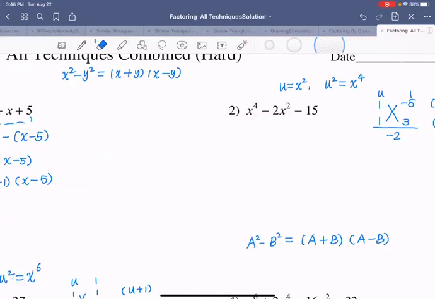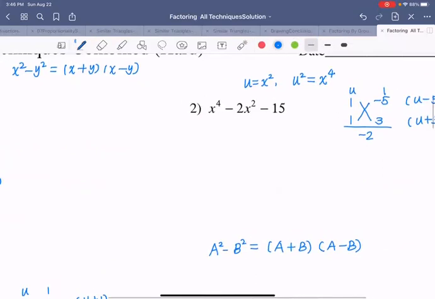Number 2. Ethan, let's try this one. We are going to try something called a u substitution, okay? Here, this is x to the power of 4, and this is x squared. So we want to put u as x squared. Then u squared equals x to the power of 4, correct? Okay.